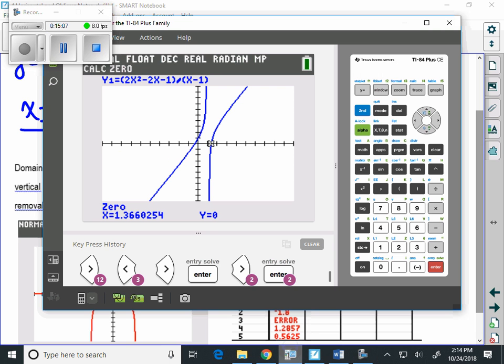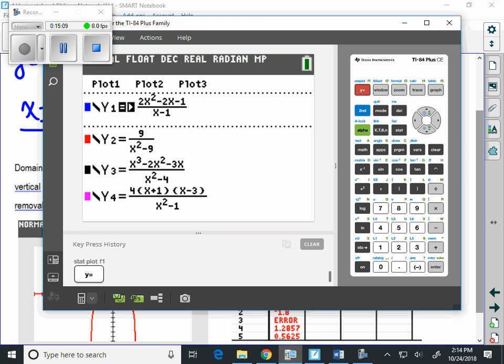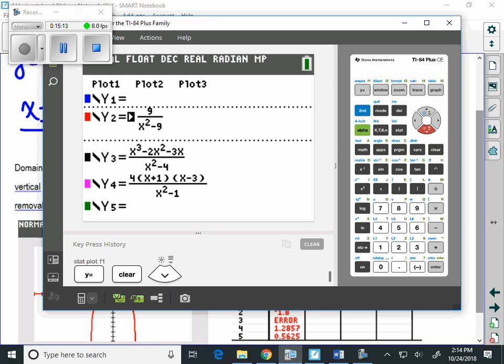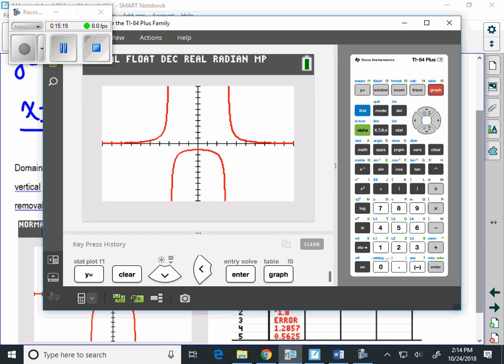Let's go ahead and go back into our calculator here, and we're going to look at our next picture. And we'll hit graph, and it looks like that. So there's our picture.